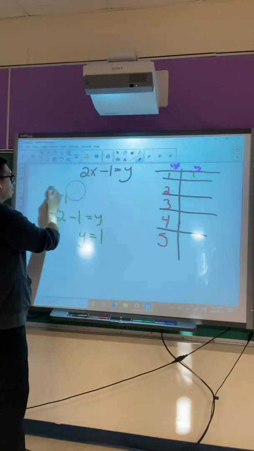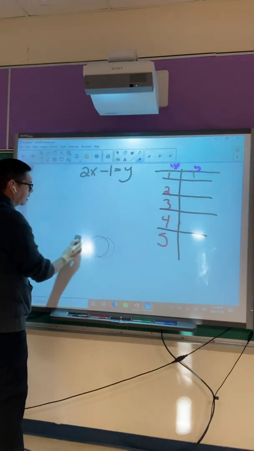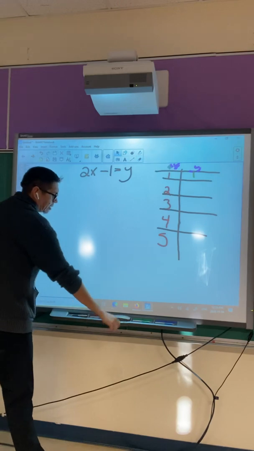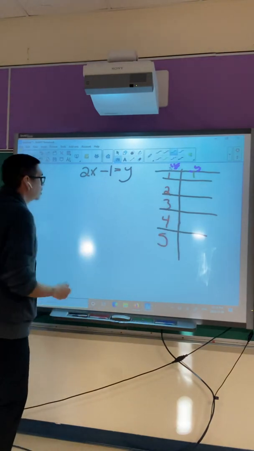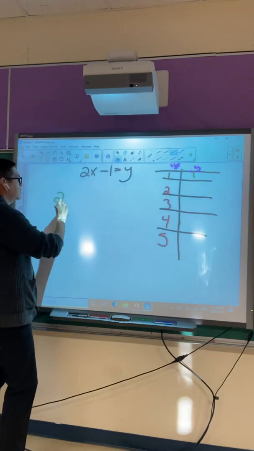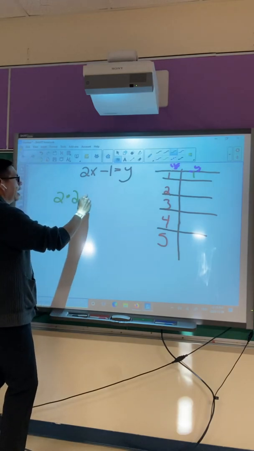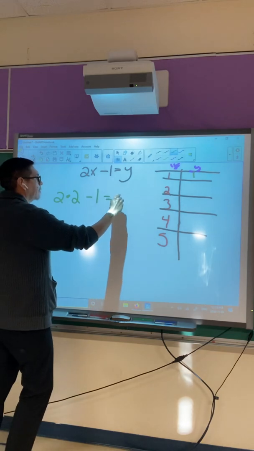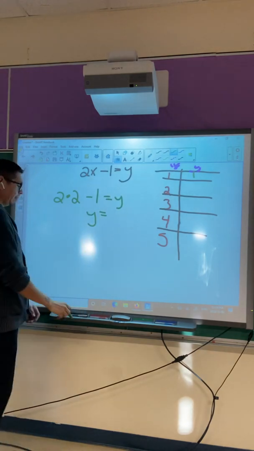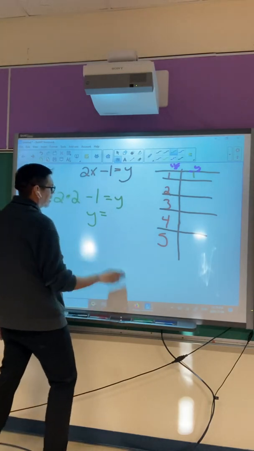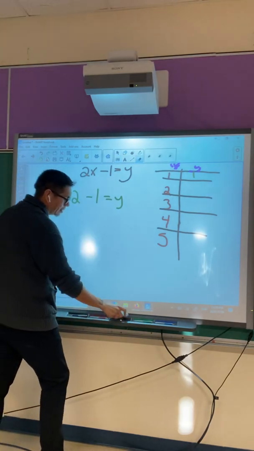Now we keep going down in our table. Now it says x is 2. If x is 2, we go 2 times 2, take away 1 is equal to y. What is y equal to? I wish I could just ask, can anyone tell me the rest of the numbers?